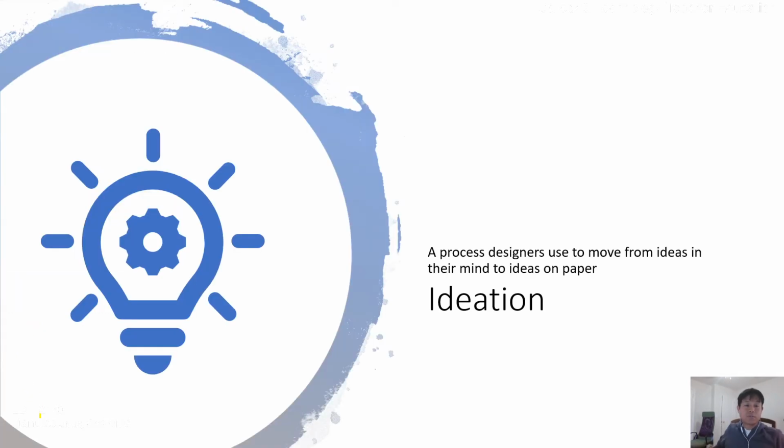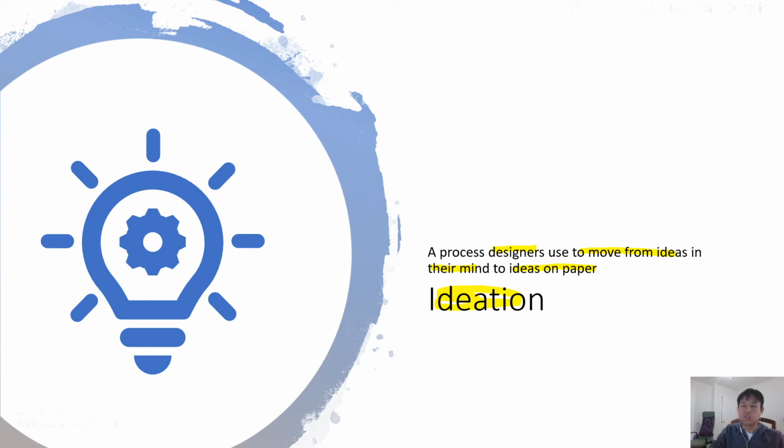So the first thing we need to have for manufacturing is an idea. So ideation is a key process. That is the process a designer uses to move from an idea in their mind to an idea on paper. Basically, we have lots of ideas, but most of them just go away without ideation.